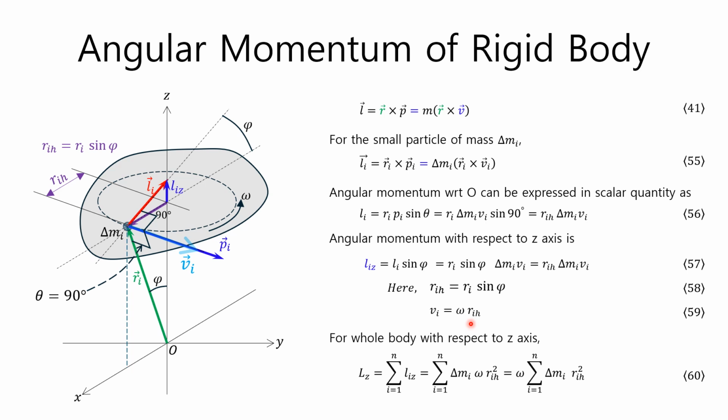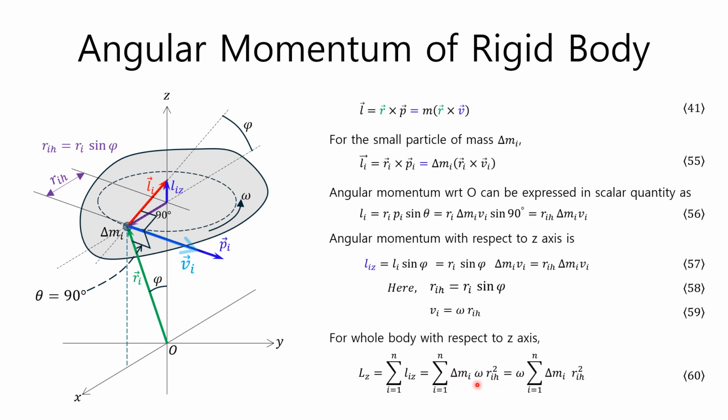Meanwhile, the total angular momentum Lz of a rigid body must be equal to the sum of the angular momentum of all point masses, which are its components, so it can be expressed by the first equation in equation 60. Here, by substituting the linear velocity vi of equation 59 into equation 57 and substituting this result into the first equation in equation 60, we can obtain the second equation in equation 60.